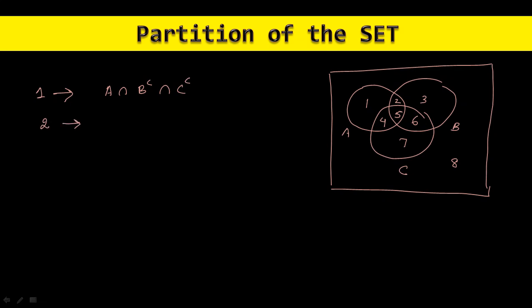What about partition number 2? Partition number 2 comprises A and B only. It means A intersection B intersection C complement, because C is not there. What about partition number 3? Partition number 3 comprises B only.